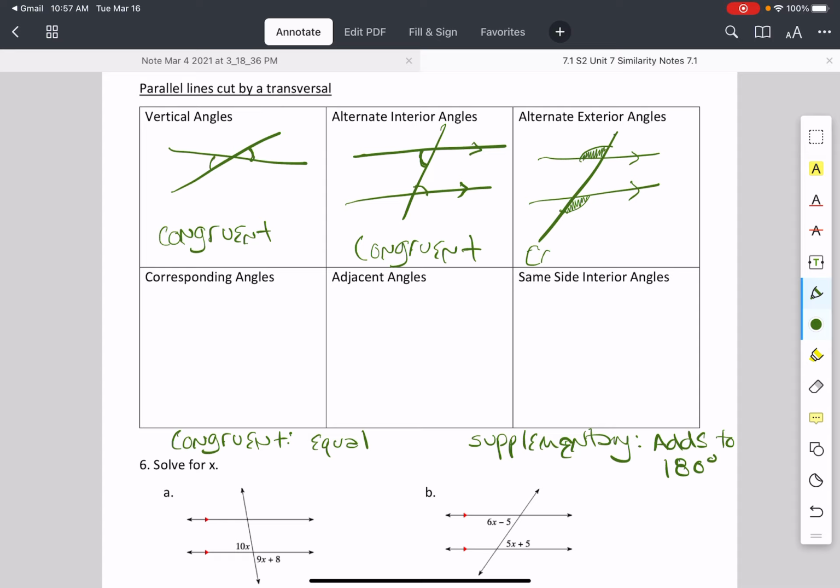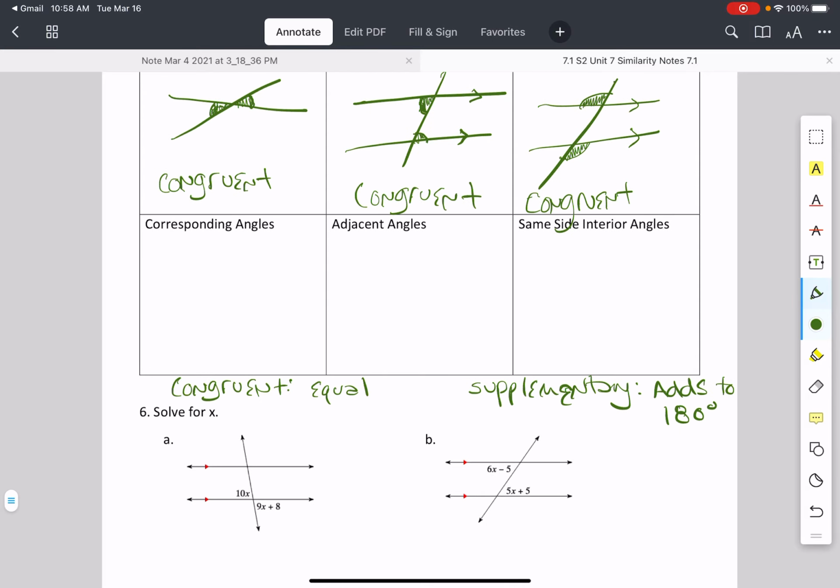It is congruent too. Okay, I'm just going to pause here. Any questions so far? Anything so far, you guys? No?